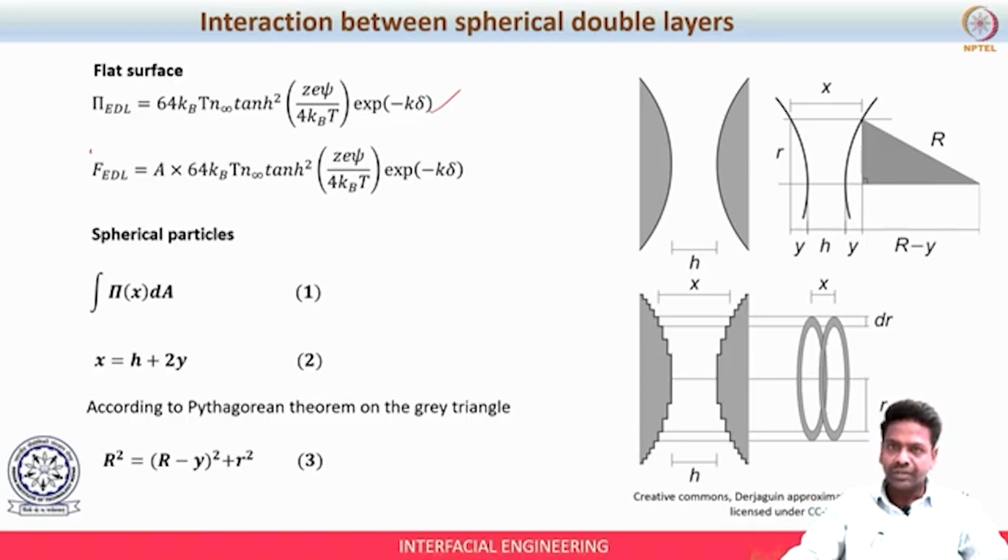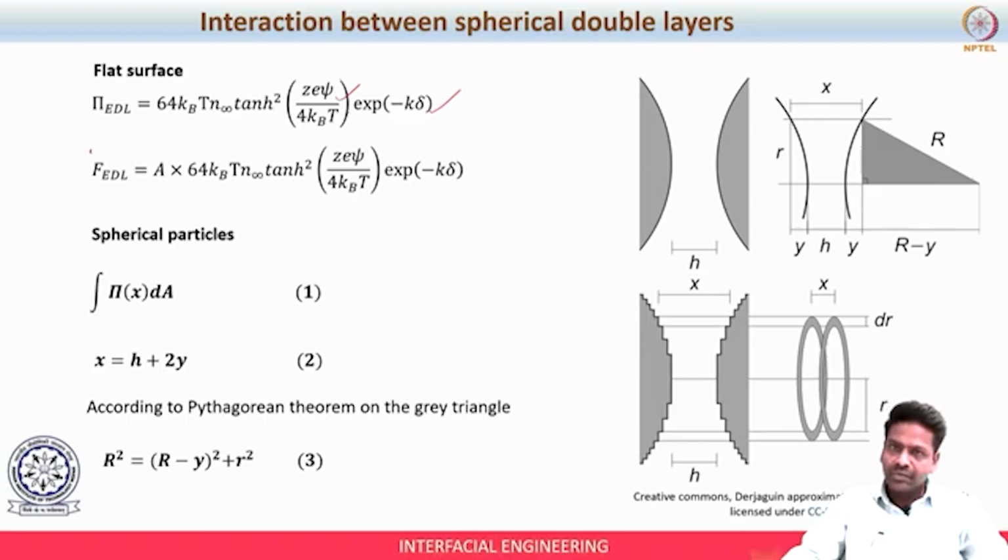Psi is the surface potential here, which can be determined using the zeta sizer. If you know the zeta potential, maybe we can relate that to the surface potential, and you will see those things later. But now we assume that this equation is a function of separation distance.